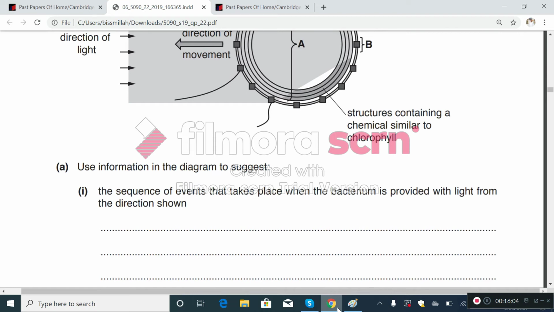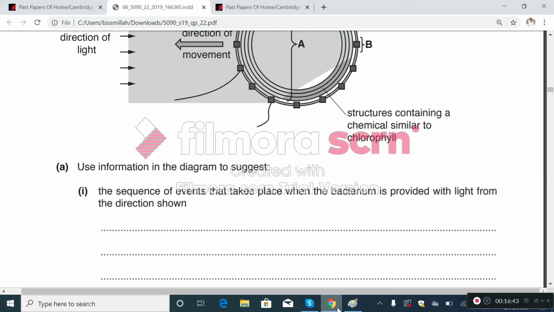Use information in the diagram to suggest the sequence of events that takes place when the bacterium is provided with light from the direction shown. In this question, actually there is a relationship between the bacterium and the light. So you need not discuss anything regarding photosynthesis, because over here you just have to give the reaction of the bacterium against the stimulus.